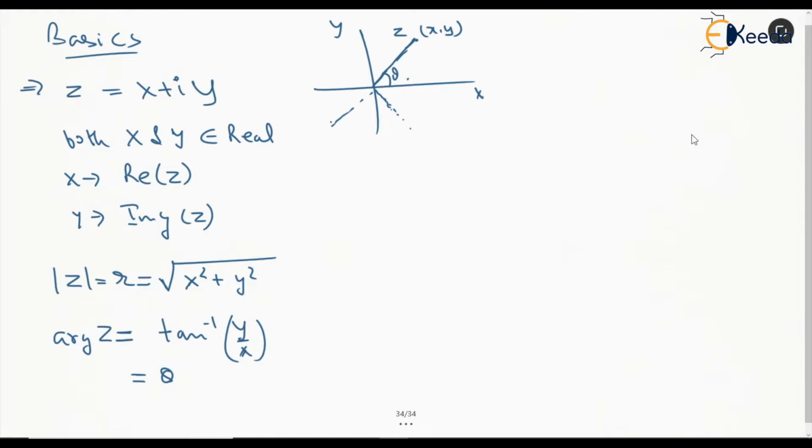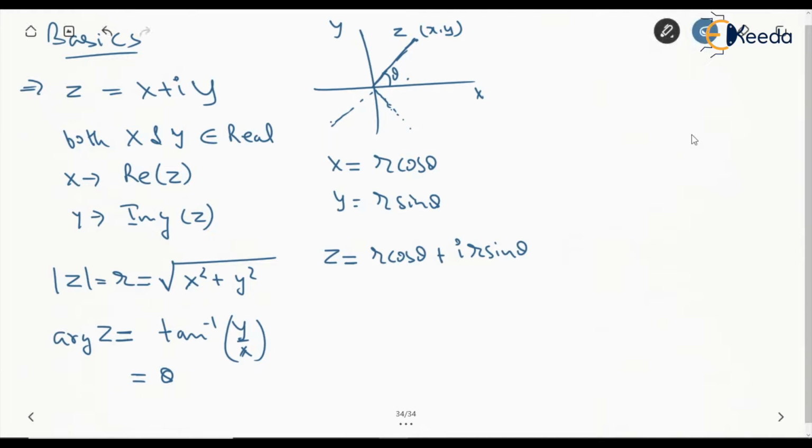Also, we can see that the components x will be r cos theta and y will be r sin theta. So this z can also be given as r cos theta plus i r sin theta.